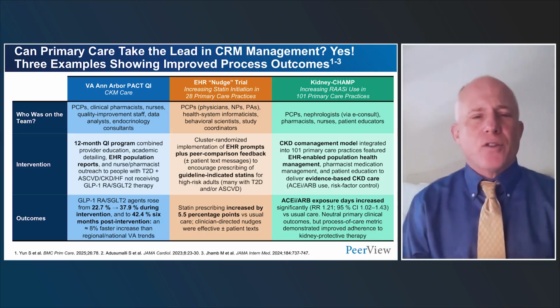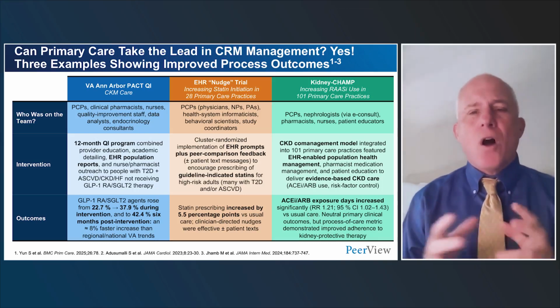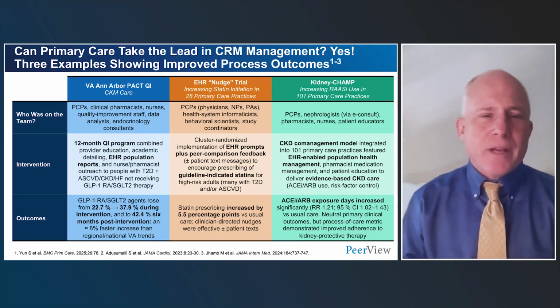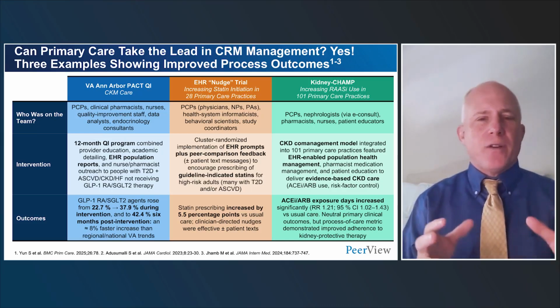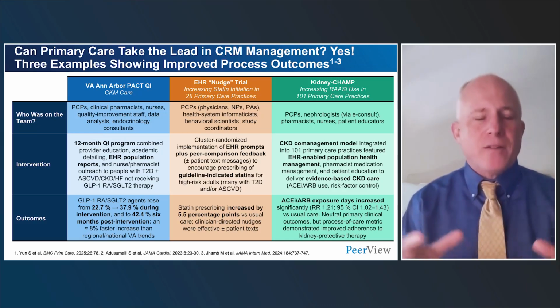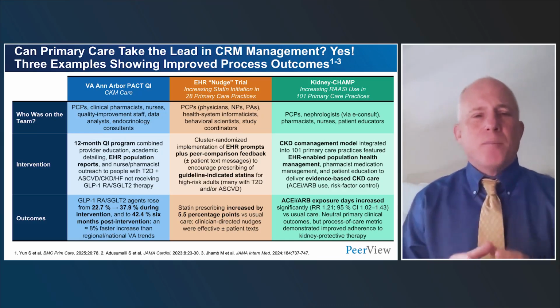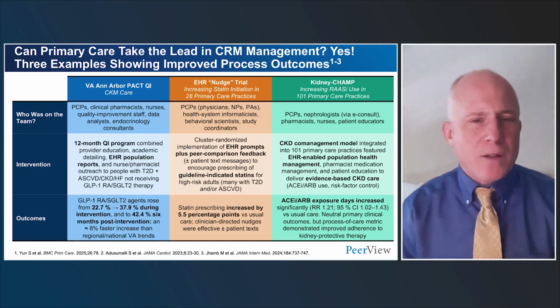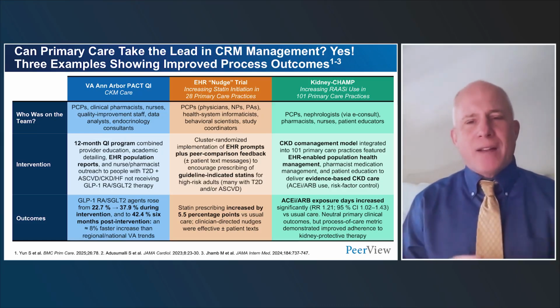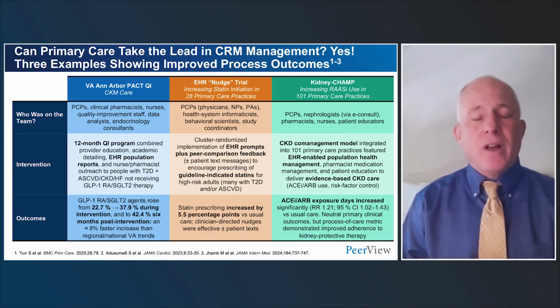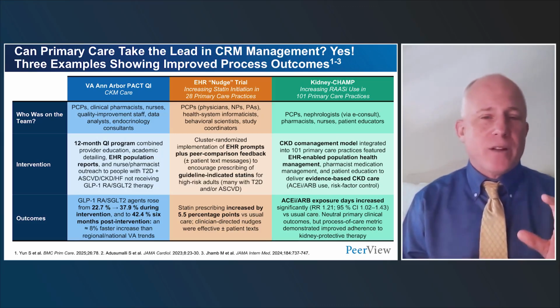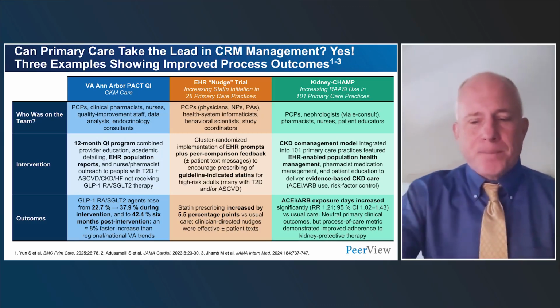Multiple other studies have shown that primary care-based teams also are very, very effective. So again, three different studies here showing that a primary care-based, team-based approach improves the uptake of GLP-1s, SGLT2s, statins, and RAS agents for those patients who are at high risk for advanced kidney disease and CKM.